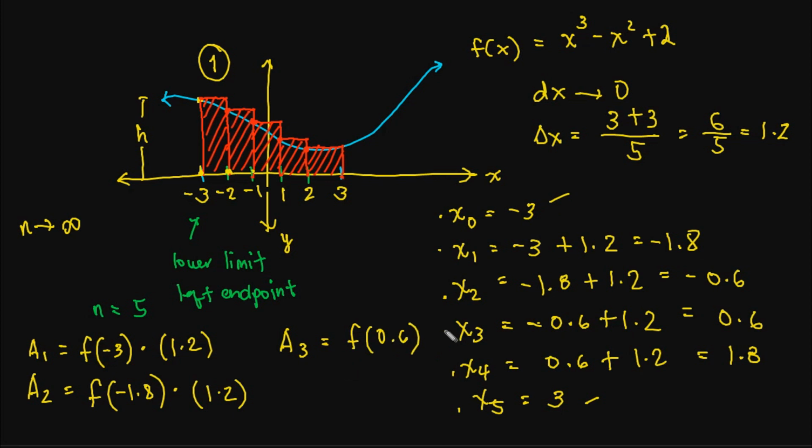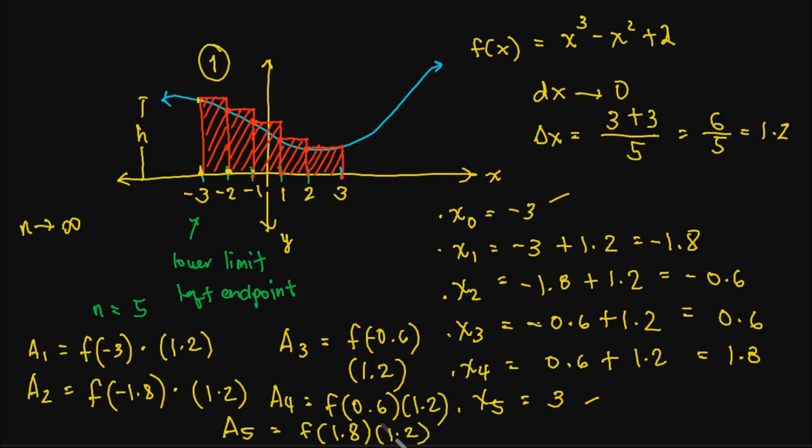And then, you multiply this with 1.2. So, ganun lang yung mangyayari sa atin na solution. And then, A4, so, area 4 is equal to f of negative 0.6 and then this one is 0.6. Okay. And then lastly, we have A sub 5 is equal to f of 1.8 times 1.2.